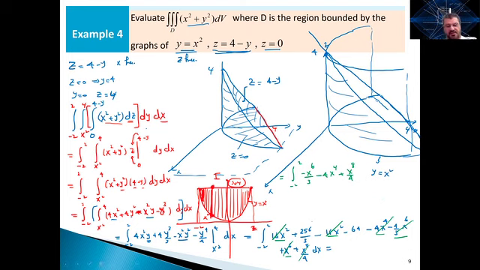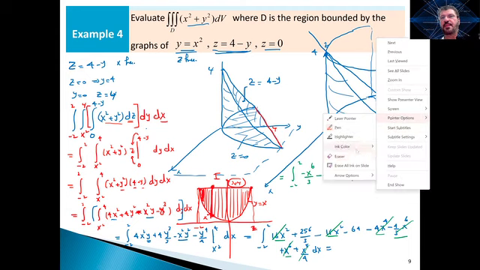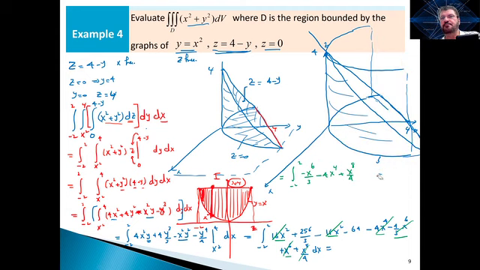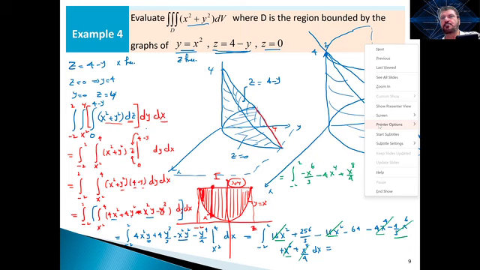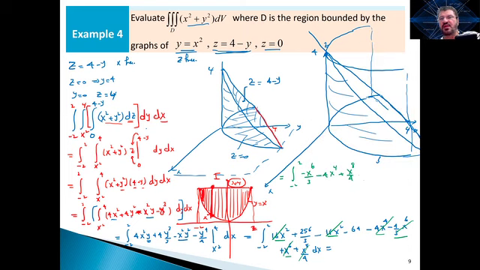Okay, I'm not sure if this is divisible by 3. It's not. So I'm going to say here, we'll move this one. And we have plus 256 divided by 3 minus 64 dx.